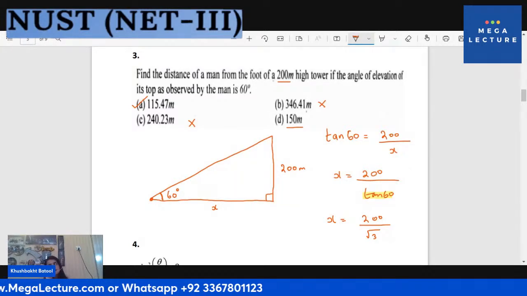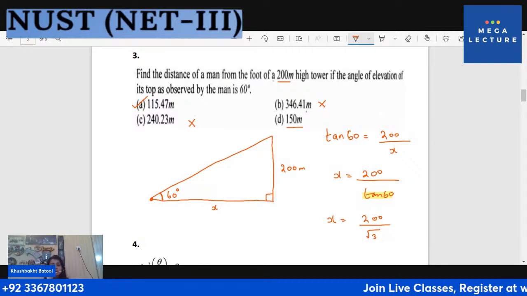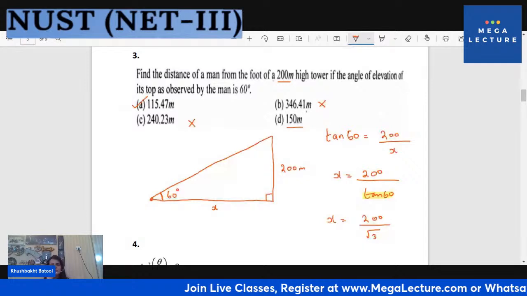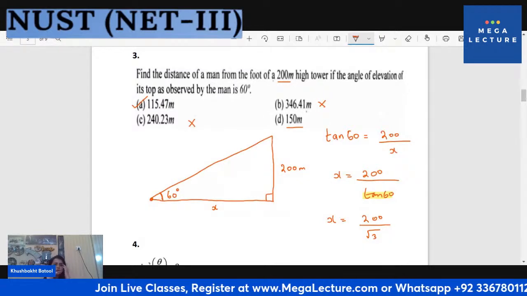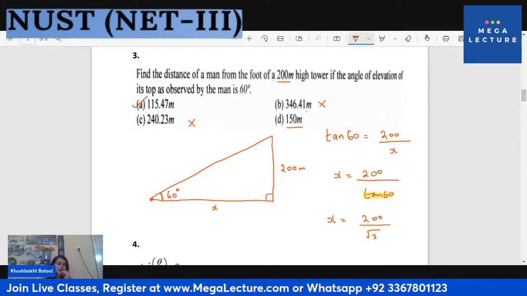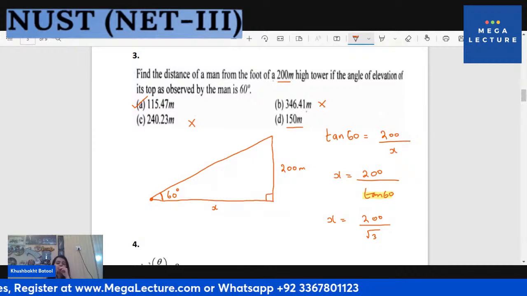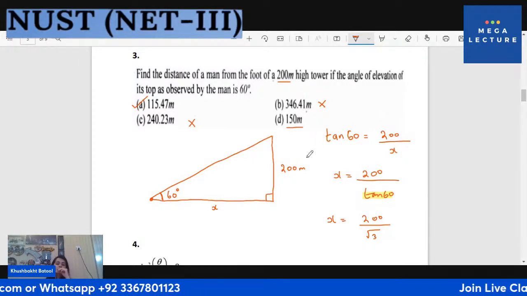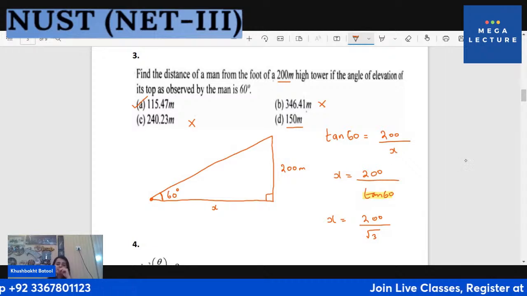It is greater than 1.5 as well. How do you know? You need to be logical, because root 4 is 2, so root 3 would be something between 1.5 and 2, right? So when you divide 200 by that value, it would give you something less than 150, and the only option you're left with is option A. So that is why A is the answer.